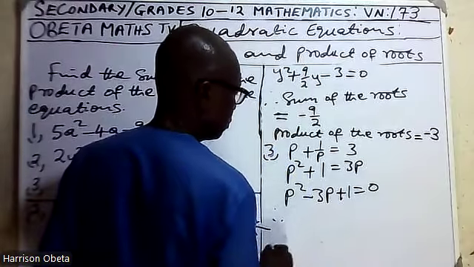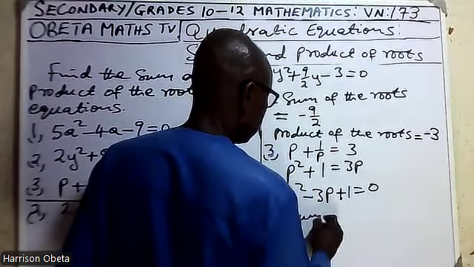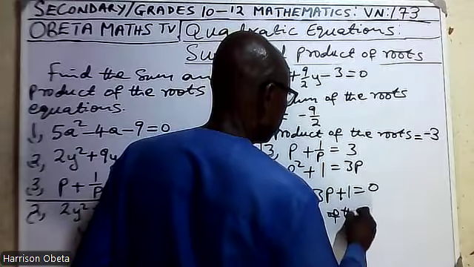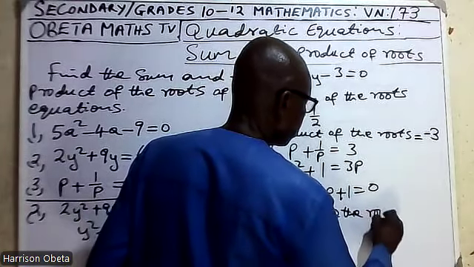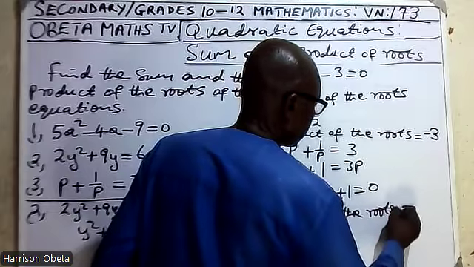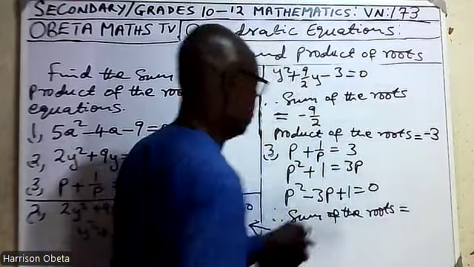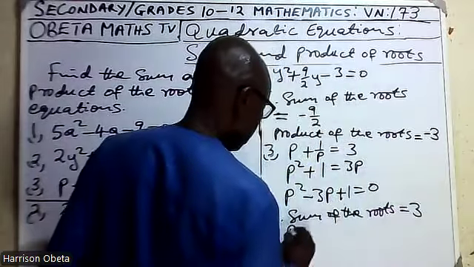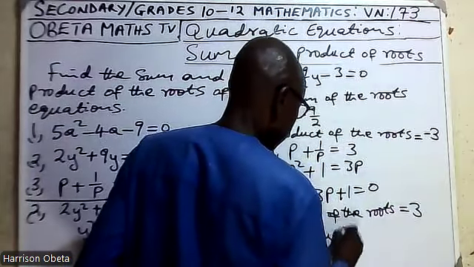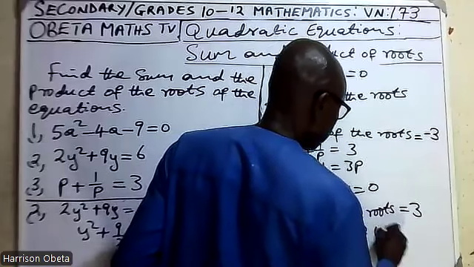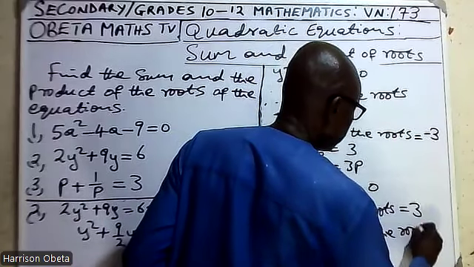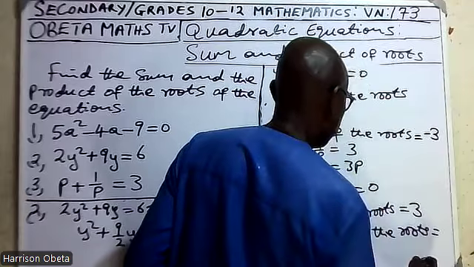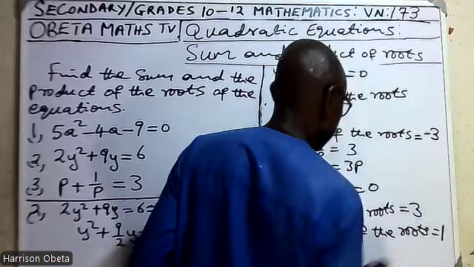And therefore, the sum of the roots should be equal to 3, and the product of the roots should be equal to 1.